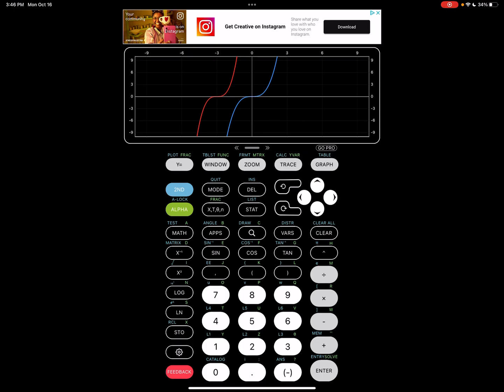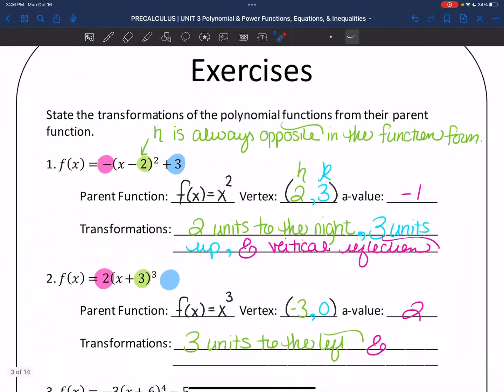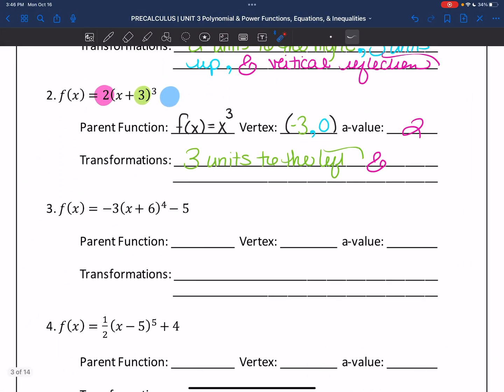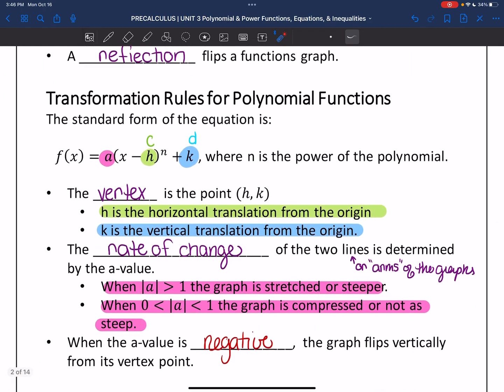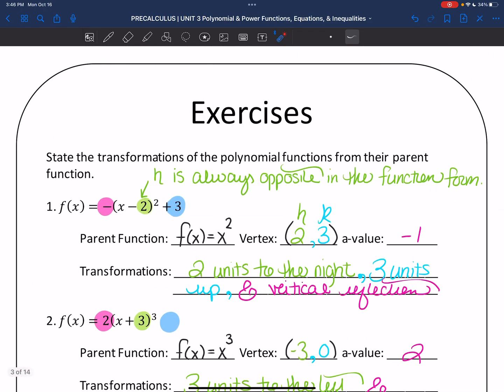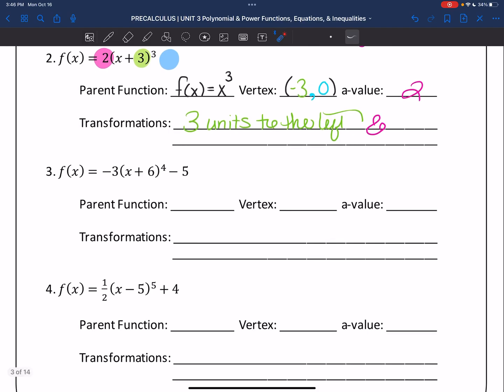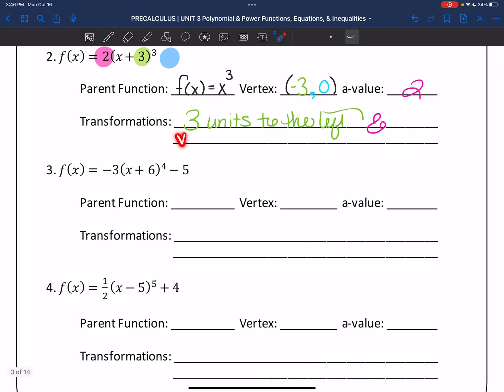It's kind of hard to tell really carefully, but its rate of change is a bit more steep. And so that's what we want to say here, that we have a vertical stretch by a factor of 2. That it is vertically stretched by a factor of 2.